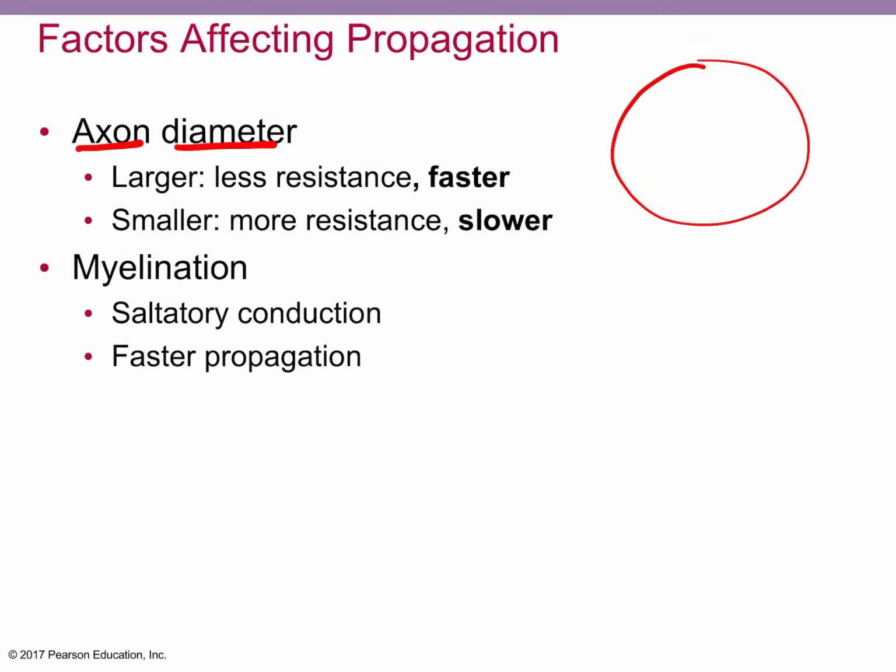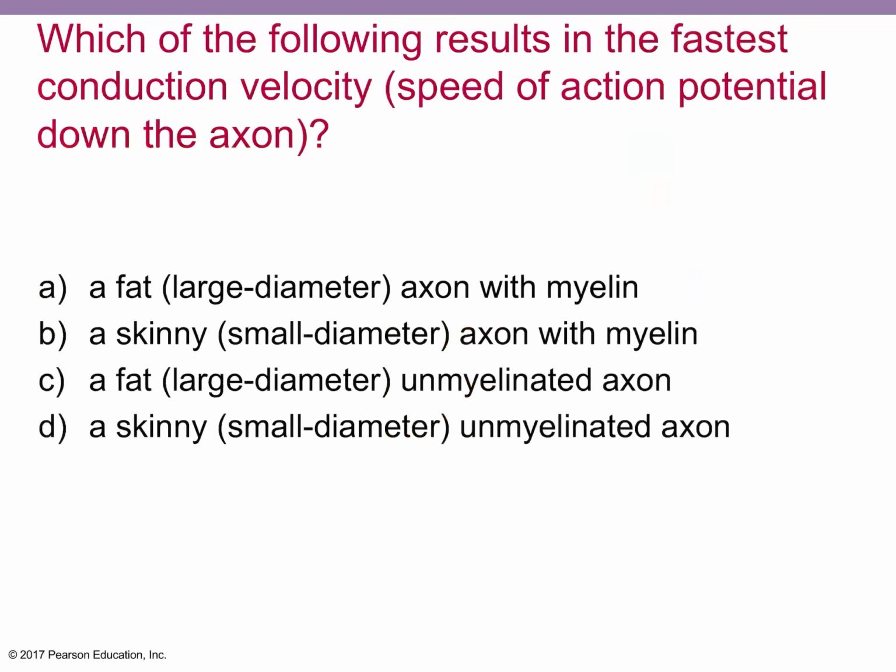If you have a very large diameter axon, you have less resistance and it moves much faster than a smaller diameter axon, where you have more resistance and the propagation of the action potentials is slower. And then, of course, we have myelination. Saltatory conduction with myelination is about 100 times faster than without myelination.